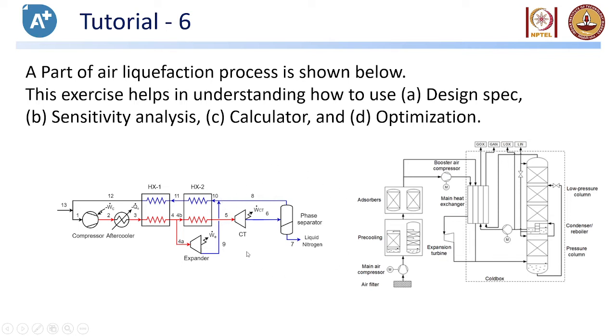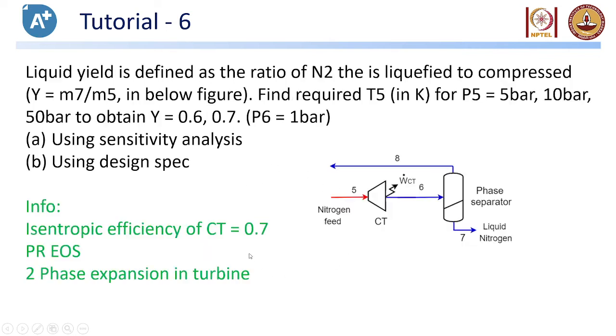This is our first task. I want you to set up this small flow sheet. I have a two-phase turbine and a phase separator. Instead of air we'll start with nitrogen, to keep it simple. Once we set up the distillation column, we'll go with air. The liquid nitrogen yield is defined as the nitrogen that is liquefied relative to that which is compressed.